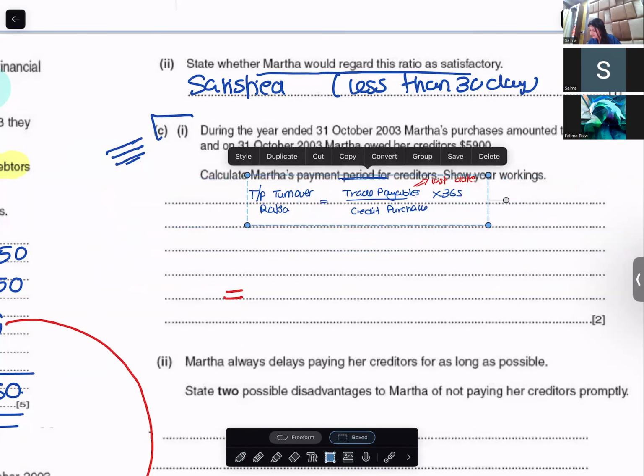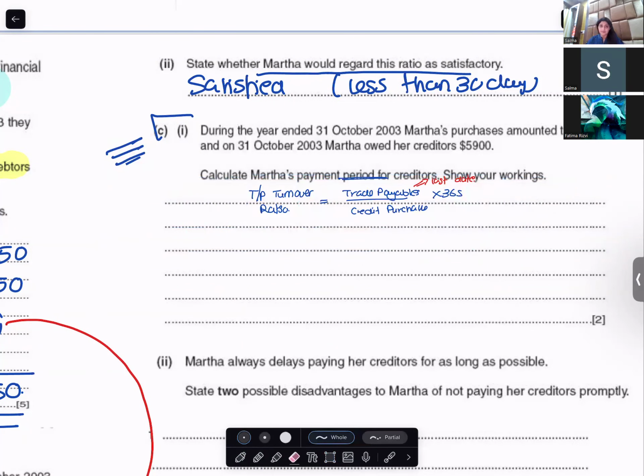Now you analyze and give it to me. So her purchases amounted to 500. Purchases, yes. Trade payables.